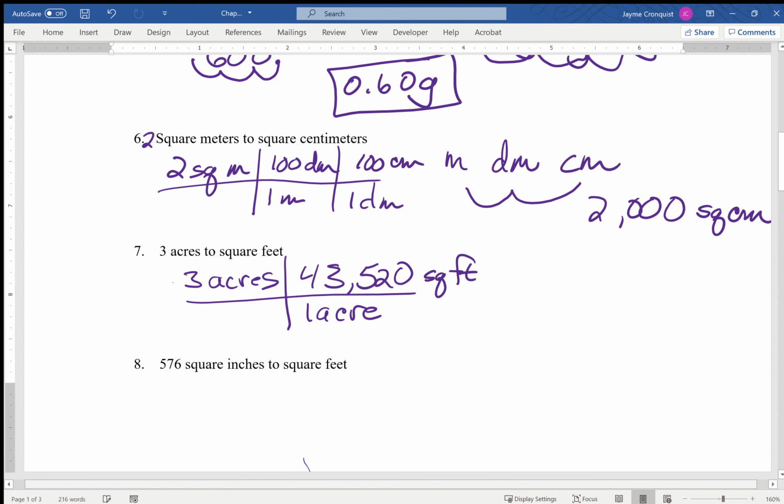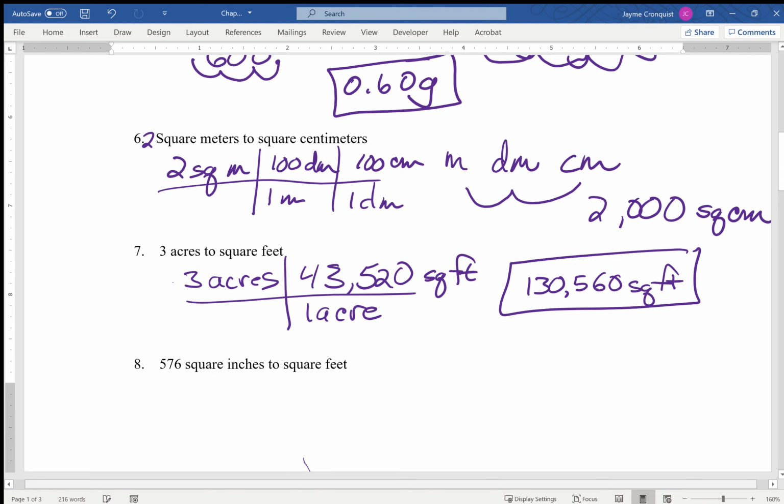So we have 3 times 43,560. And we get 130,560 square feet. That's a lot of square feet. Okay.